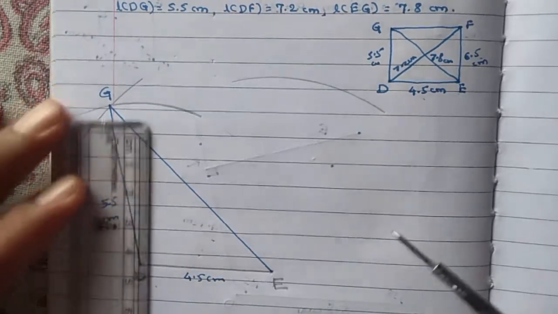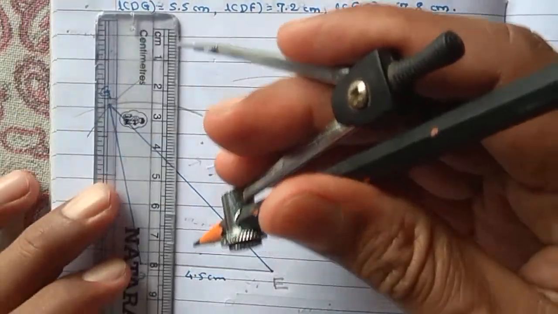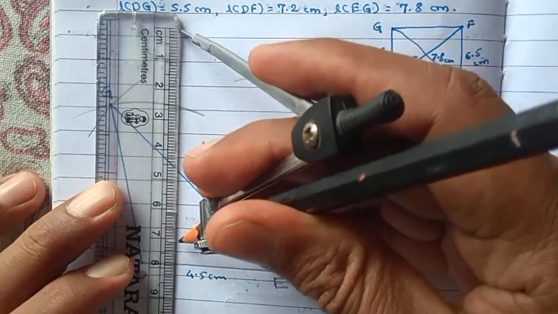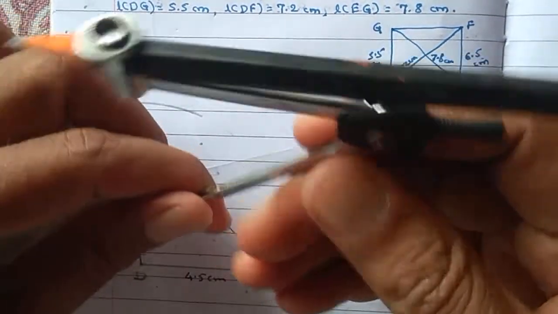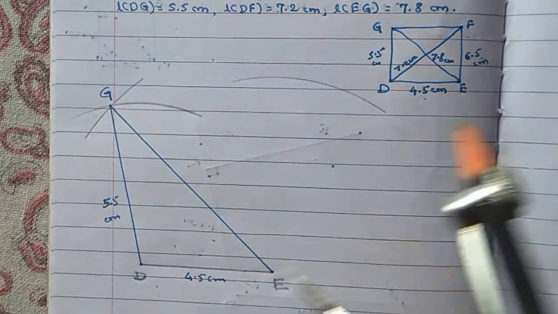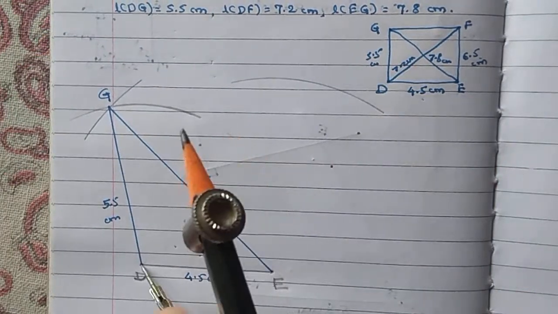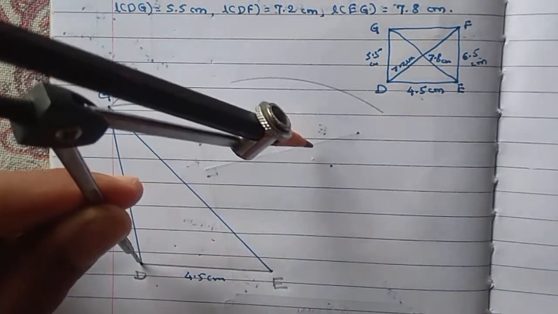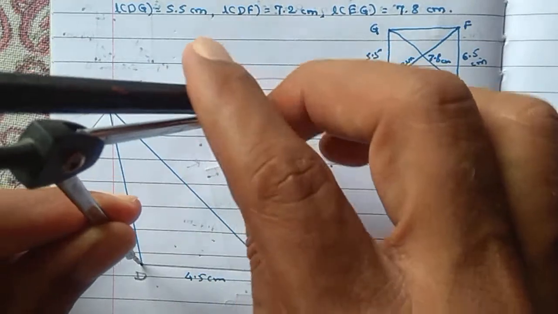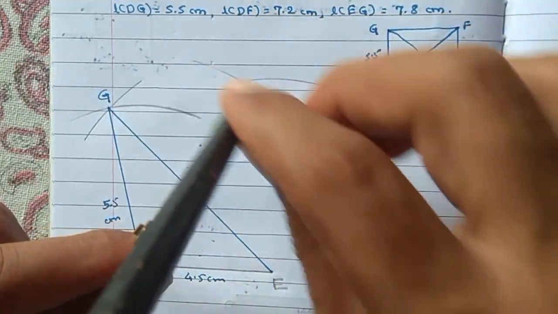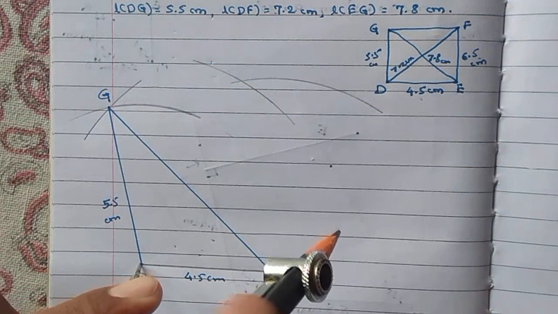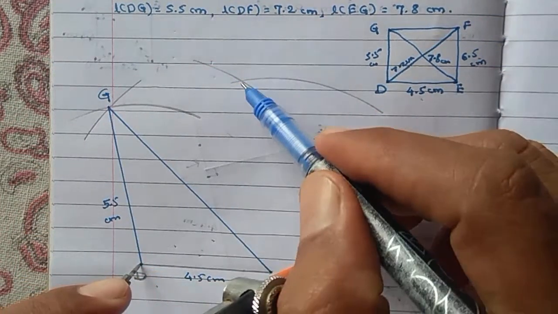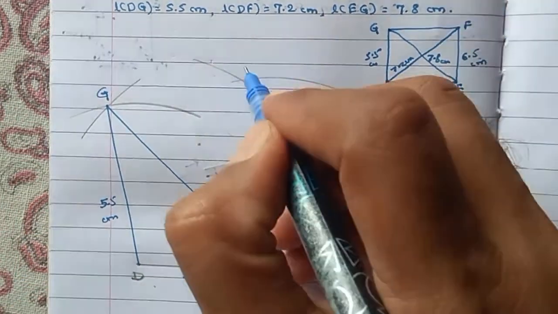Take the distance of 7.2 centimeter in compass. 7.2 centimeter distance is taken in the compass, and this 7.2 centimeter distance we have to take from the point D. Okay, and make an arc. Here the intersection comes. Okay, what is the meaning of this intersection? It is nothing but the point F.